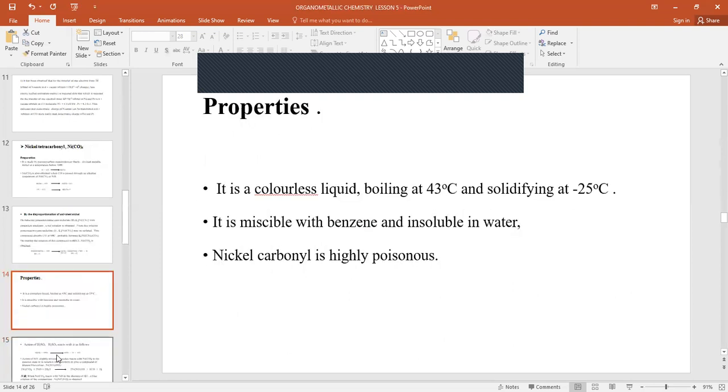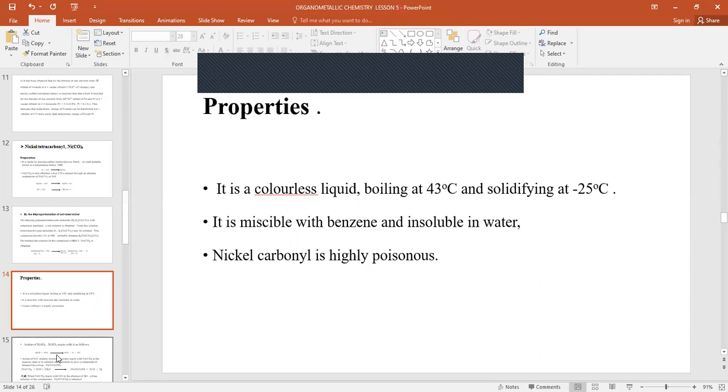Properties. Nickel tetracarbonyl is a colorless liquid boiling at 43 degrees Celsius and solidifying at -25 degrees Celsius. It is miscible with benzene and insoluble in water.